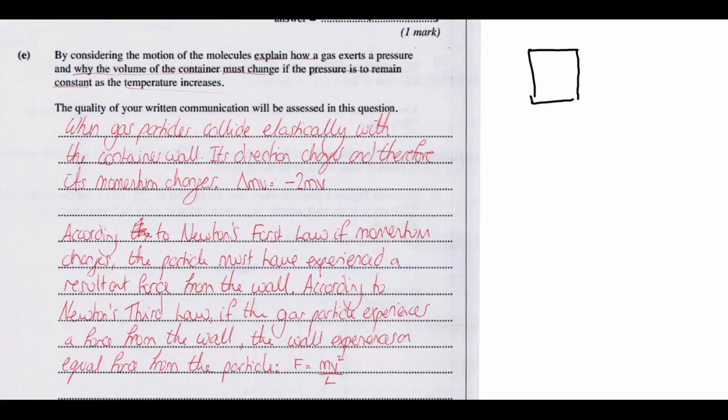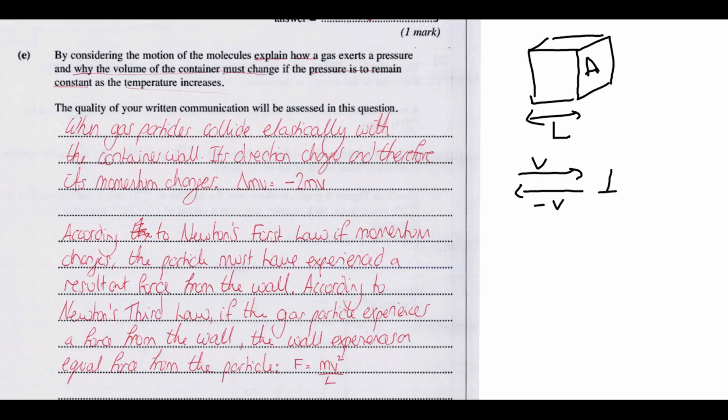So if we imagine a shape, I'm not going to say it's a cube, I'm just going to say it's like a cuboid. So it's got length L and surface area on this side of A. When a gas molecule collides, so your gas molecule is going along this way, it hits the container wall and it collides elastically. So if it was going at v, it's now going at minus v.